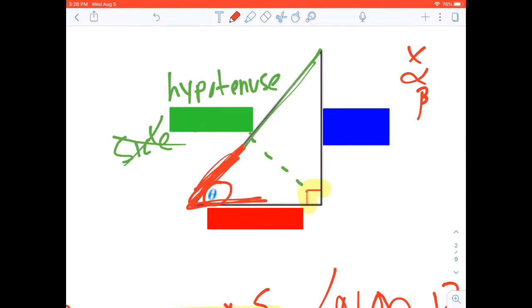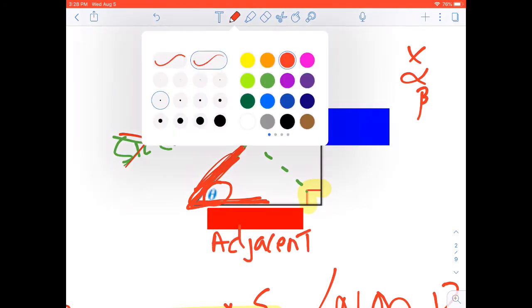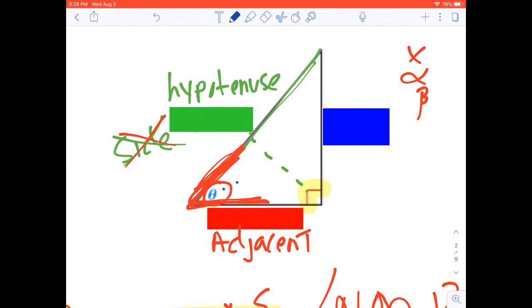The hypotenuse cannot be a side. That means the side that is touching it is your adjacent side. And then by process of elimination, the side that is across from angle theta that is not touching it is your opposite side.